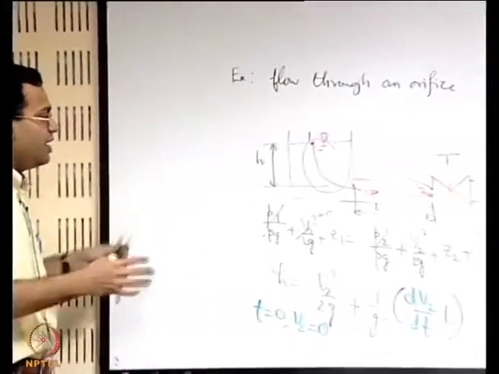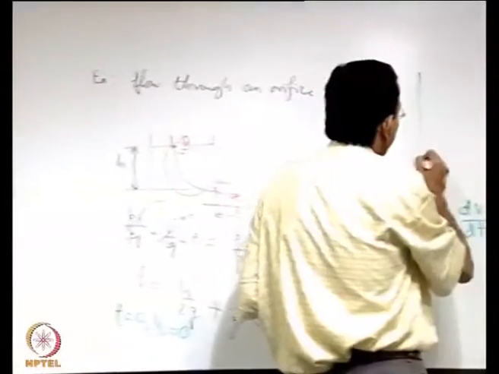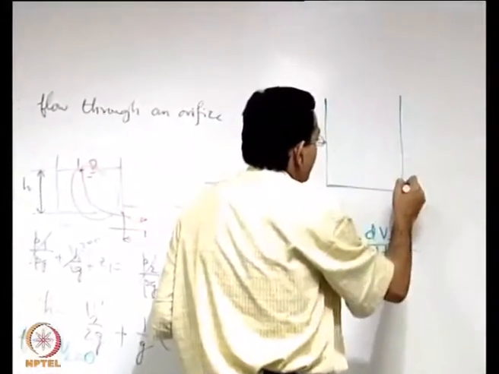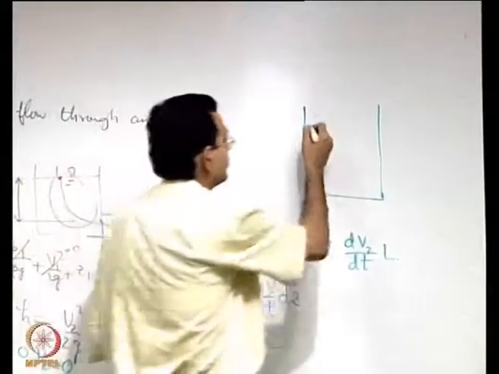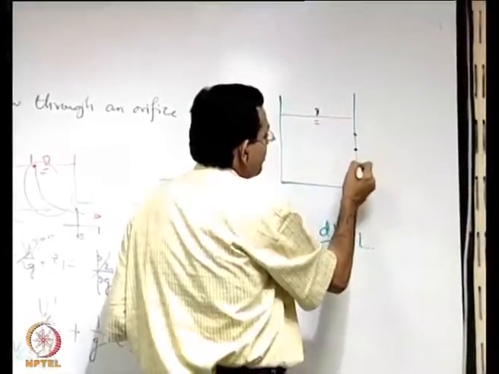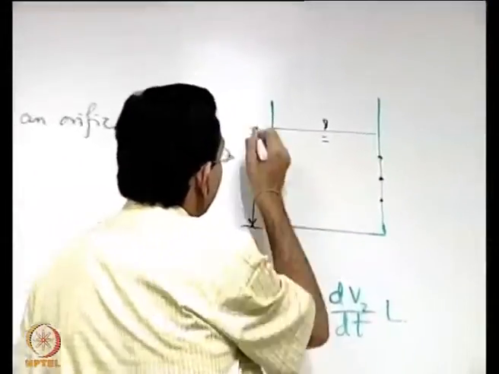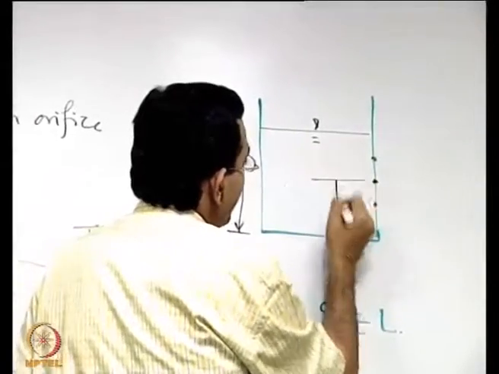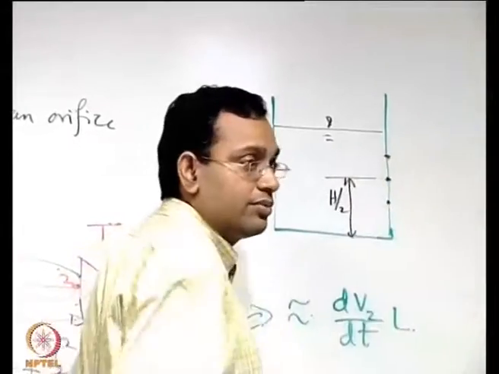I will end the discussion of this class by giving you a very simple exercise, like a junior class level problem. You have a tank like this with 3 holes in the tank. If this height is h, the central hole is at h by 2 and the others are symmetrically located, one at the top, one at the bottom.